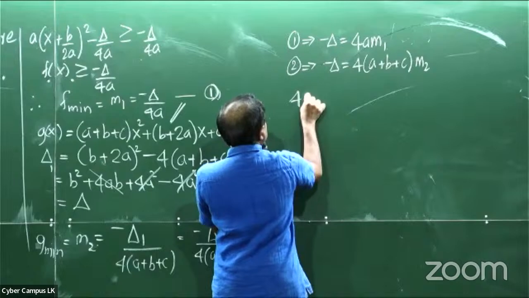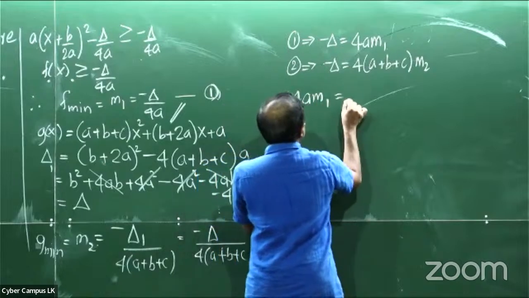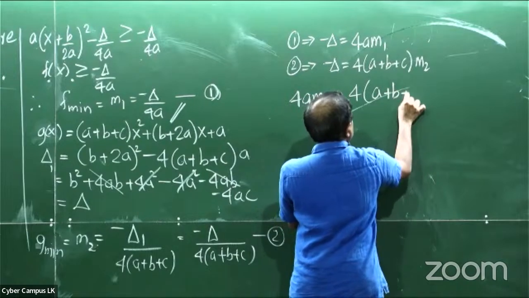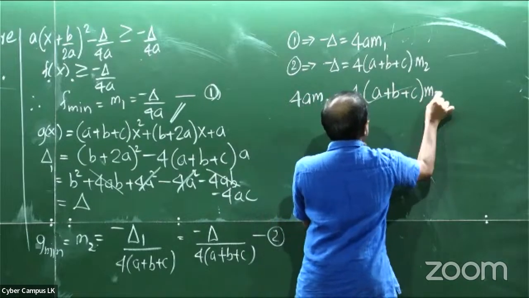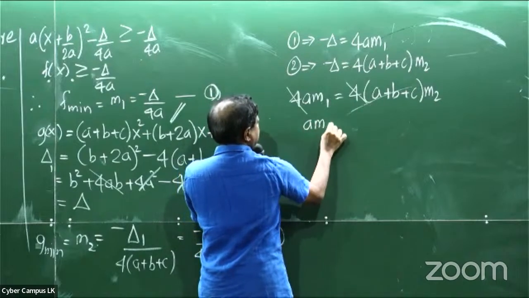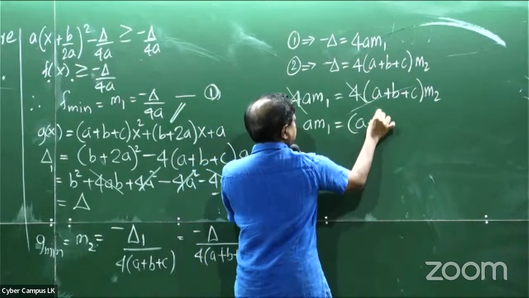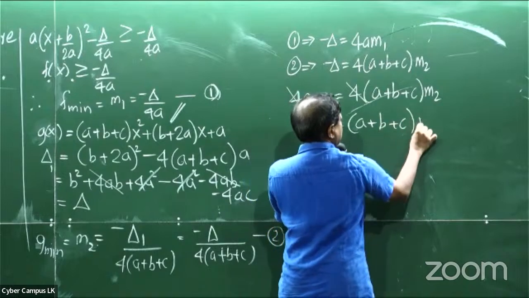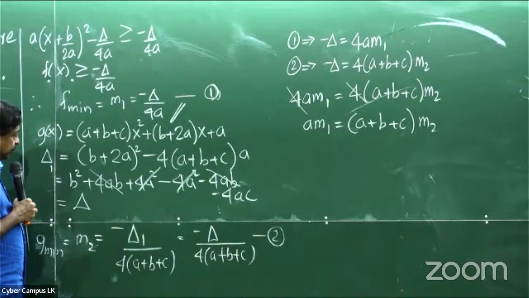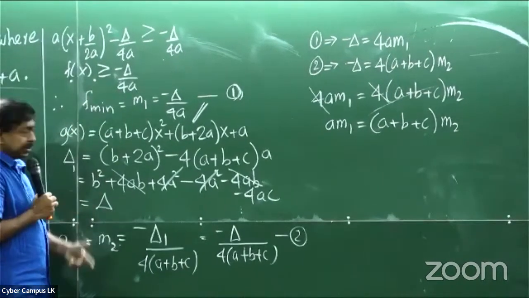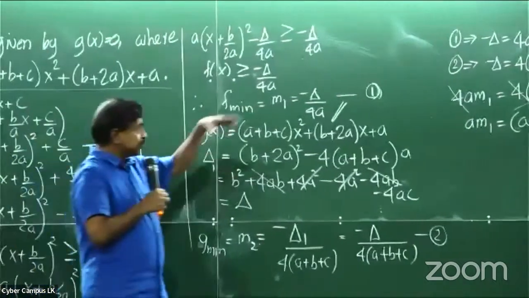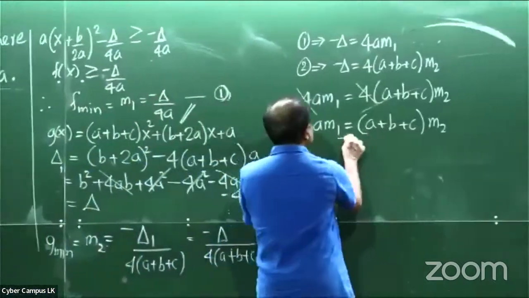So 4a m1 is equal to 4 times a plus b plus c times m2. These two will go away. Or you can divide this by this, which is another way of doing it. You can get rid of minus delta so that you can come up with this connection.